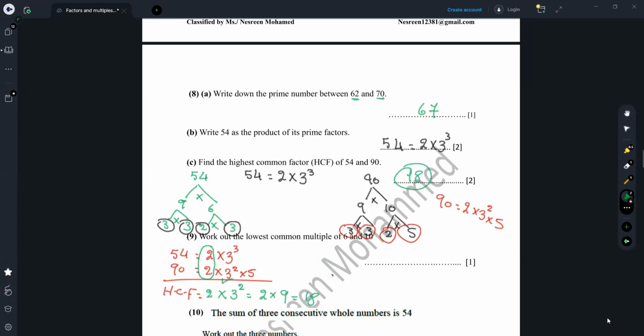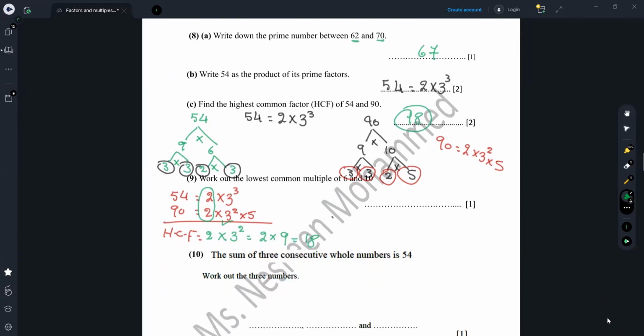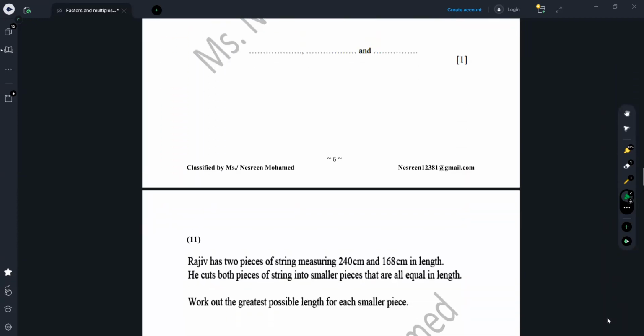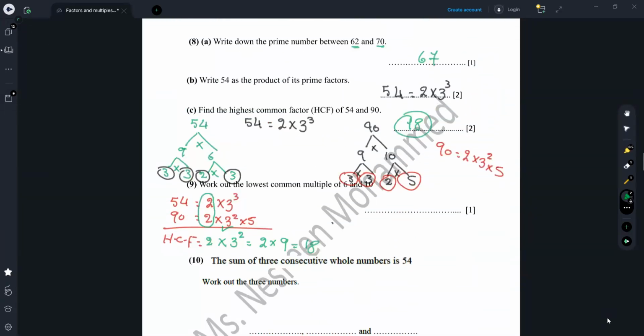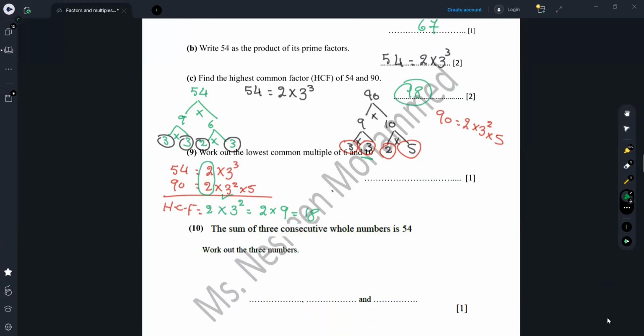Like this. Work out the lowest common multiple of 6 and 10. What do we mean by the lowest common multiple? How do we know what is the lowest common multiple of 6 and 10? I will factorize the 6, factorize the 10, and then get the lowest common multiple.